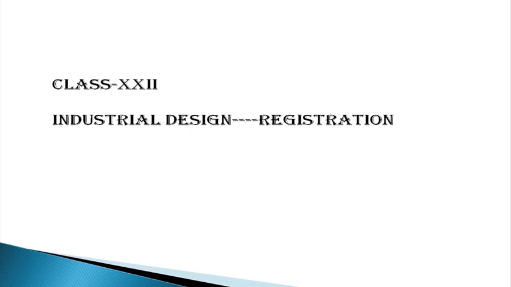Okay, so last class you learned about industrial design and its basic components. So now why not learn about the procedural aspect of registration and further on the criteria required for registration.